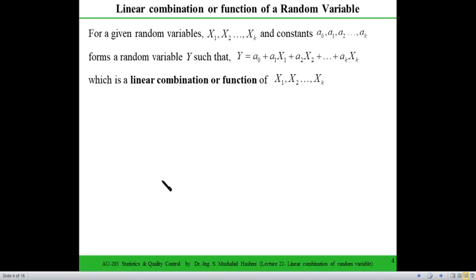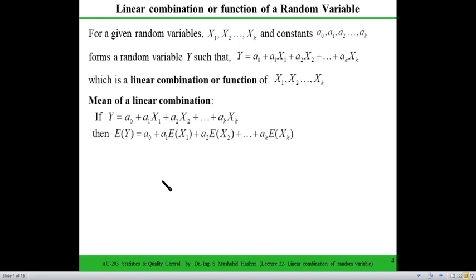As we already know, each random variable is a function, so the linear combination y would also be a function of x1, x2, and up to xk random variables.